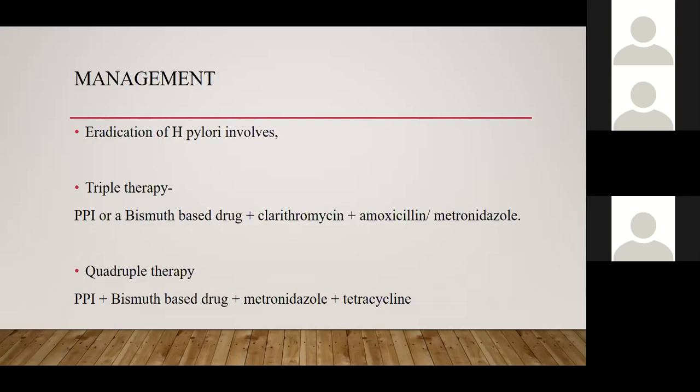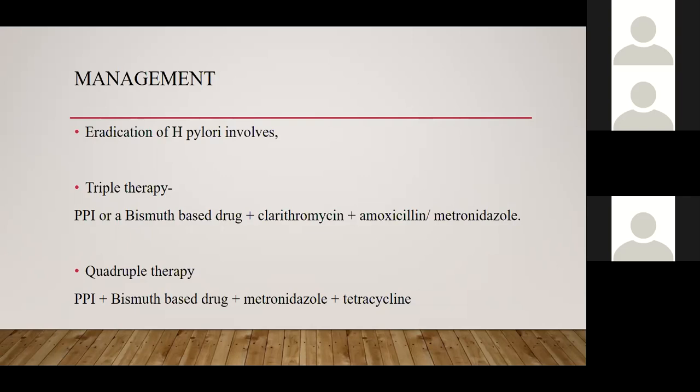Sometimes this can fail, and when it fails, you put your patient on a quadruple therapy. The triple therapy, you can do that for about 7 to 10 days for your patient. And then you leave your patient on the proton pump inhibitor for about 4 to 6 weeks so that the ulcer can heal. So you can start with a triple therapy for about 7 to 10 days.